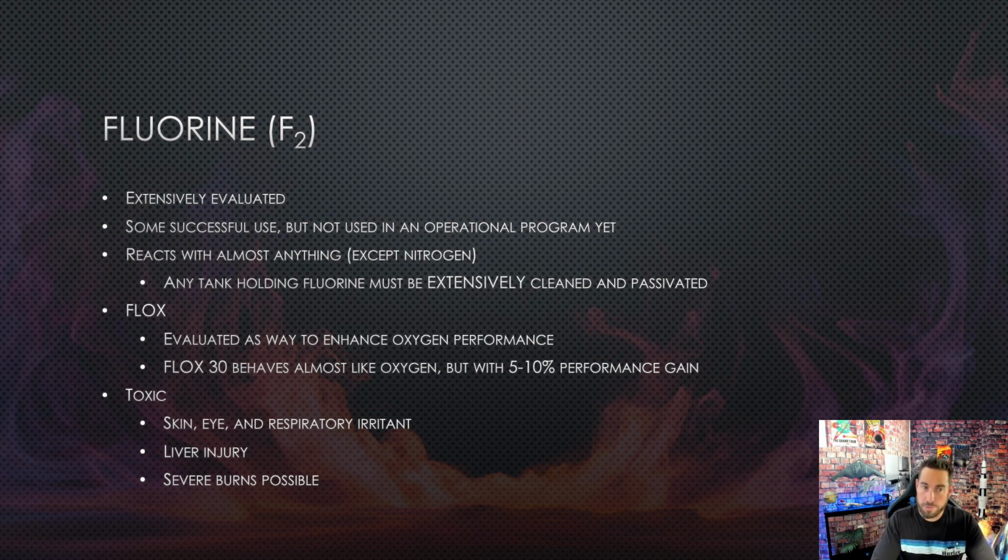The problem with that, though, is that if you have a container holding fluorine, you have to make sure that thing is clean beyond clean beyond clean. It has to be extensively cleaned and extensively passivated. Passivation is a process you can use to make metal and plastic surfaces non-reactive with a propellant, in this case fluorine.